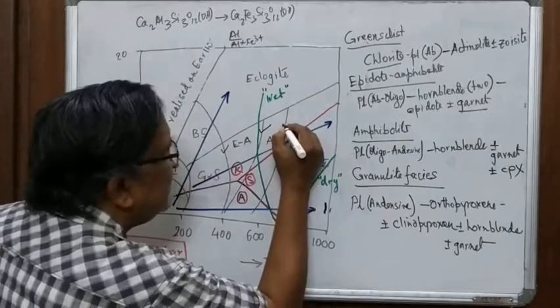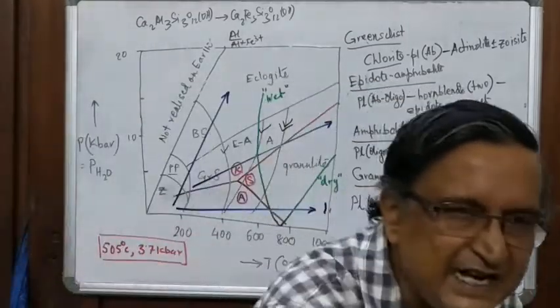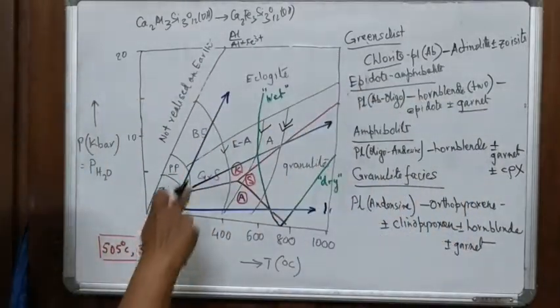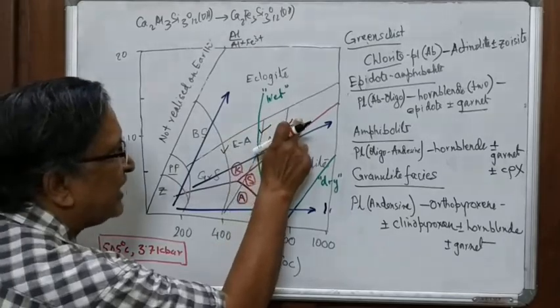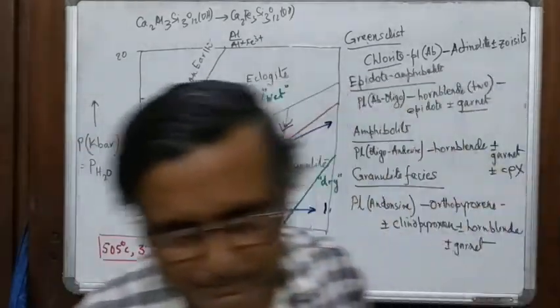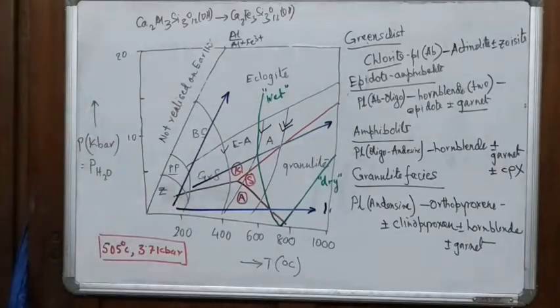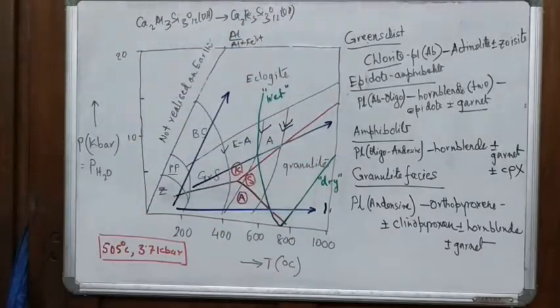Now, this boundary, you're talking of amphibolite facies to granulite facies. This boundary is an orthopyroxene in reaction. This is chlorite out, this is epidote out. This one here is orthopyroxene in reaction. That is very, very important. Here also we will talk later in more detail about the granulite eclogite facies boundary.